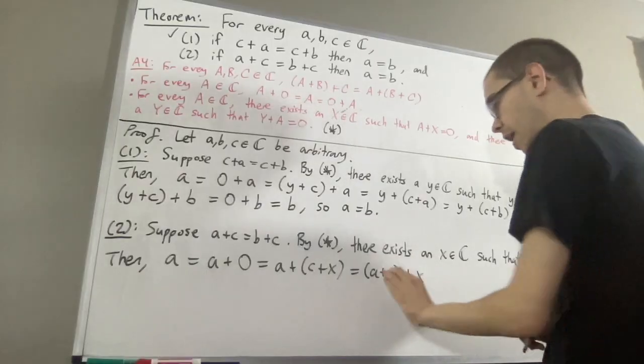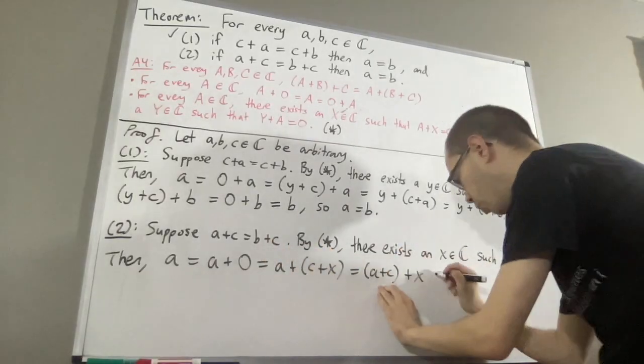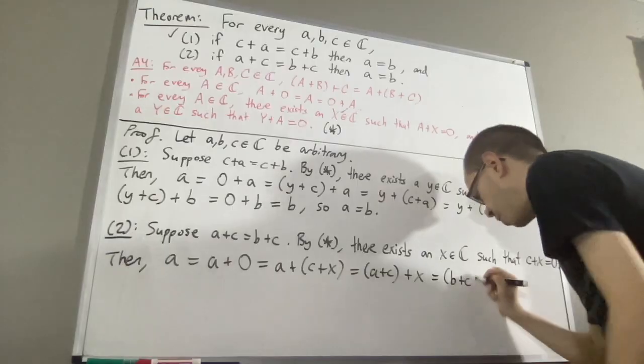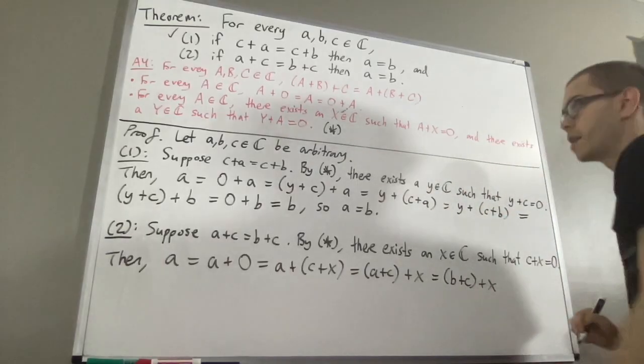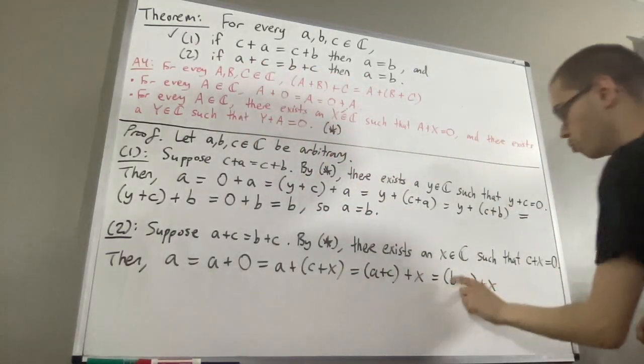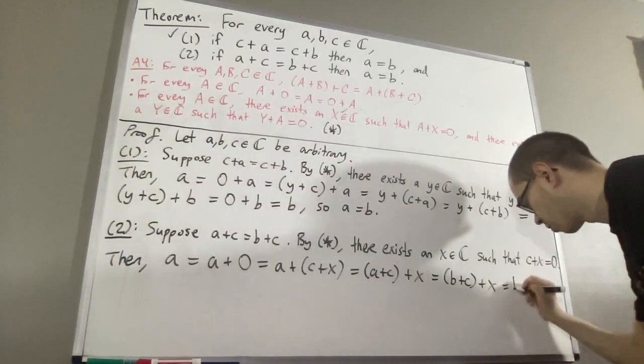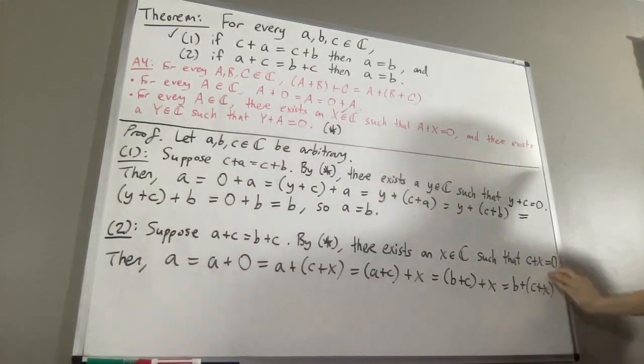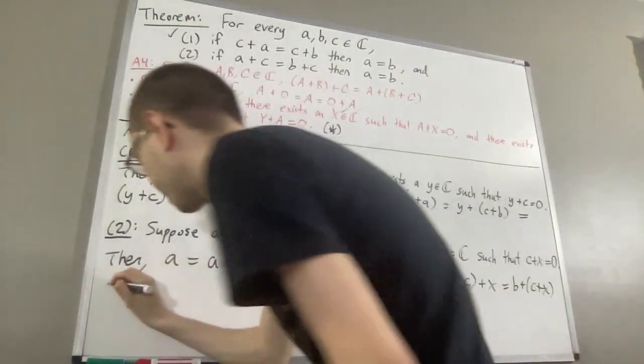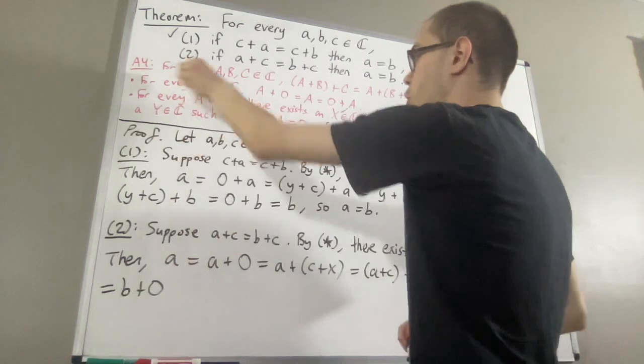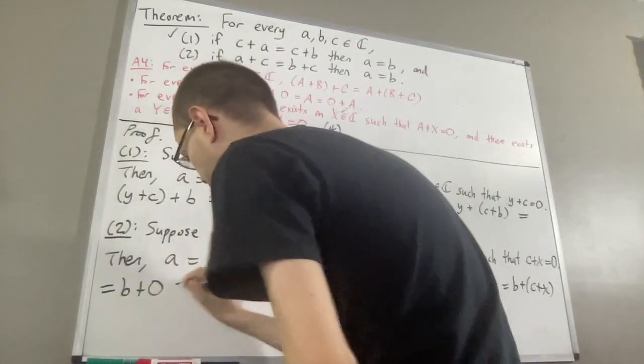Then, since a plus c is equal to b plus c, we'll replace a plus c with b plus c. Then, applying the associative law, we'll move these parentheses around c plus x. And then, since c plus x is equal to 0, we'll replace c plus x with 0. So we're left with b plus 0. And according to our second result, b plus 0 is equal to b.